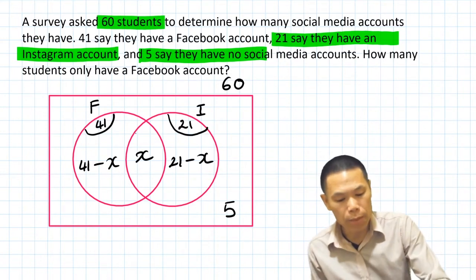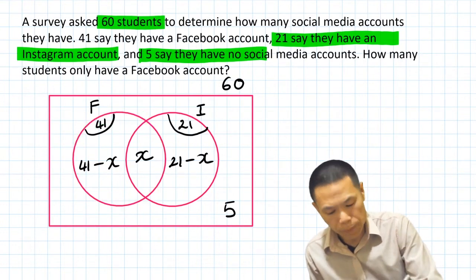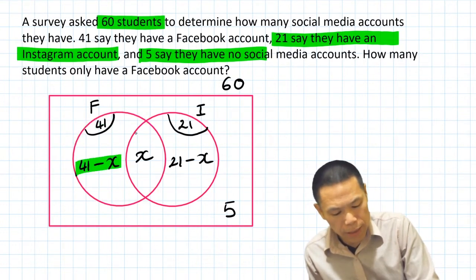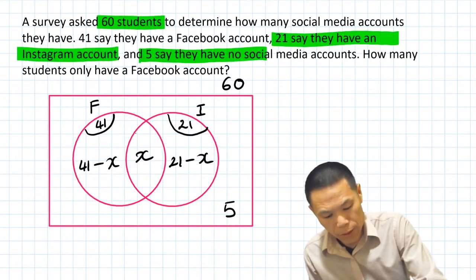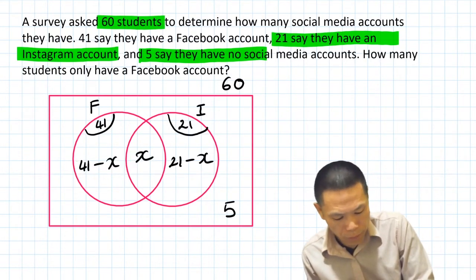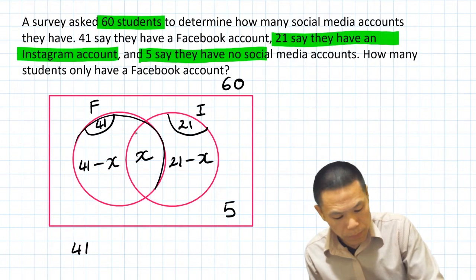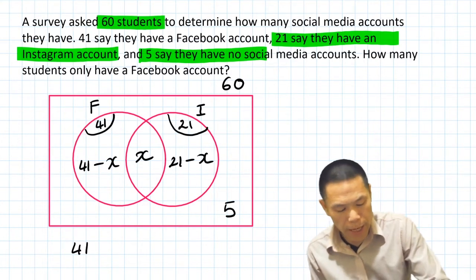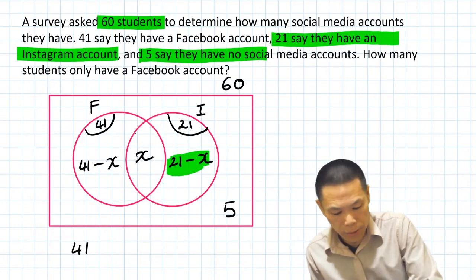Now, we just add them up. So this circle here, which is 41 minus X plus X is equal to 41. Okay? So I just write this down. So 41, which is the whole circle here. And then now we add 21 minus X. So I just write this down.